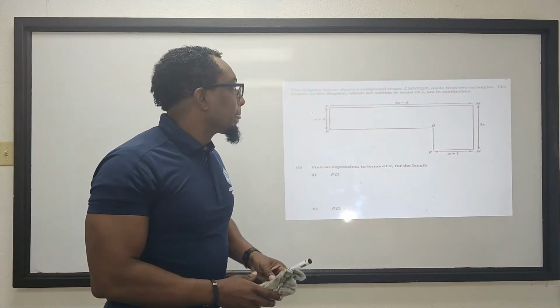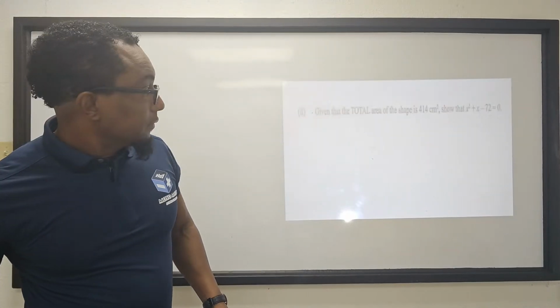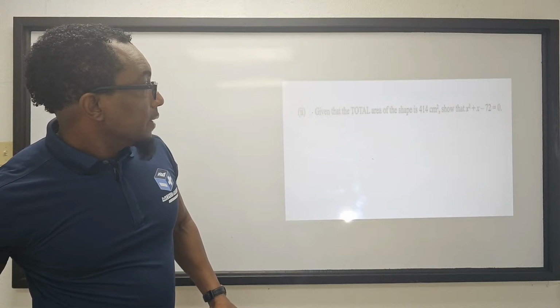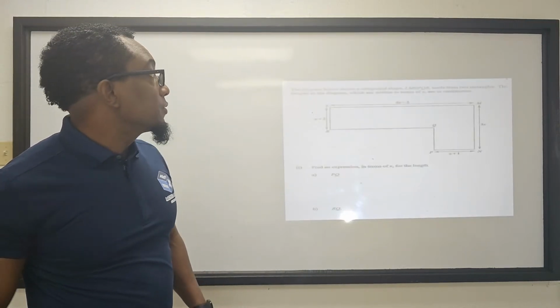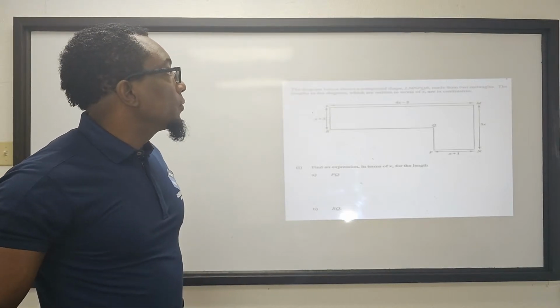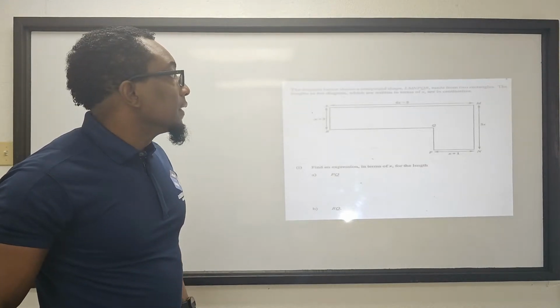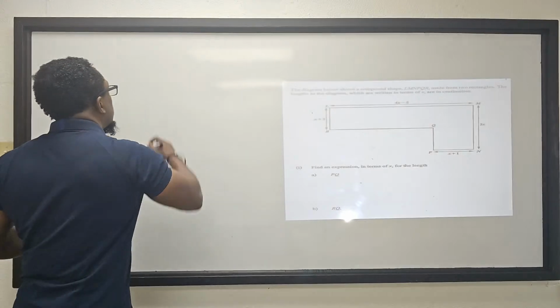Alright, so with this question, this will lead us into a quadratic equation. So the first part of this question says, the diagram below shows a compound shape. So we have this compound shape.